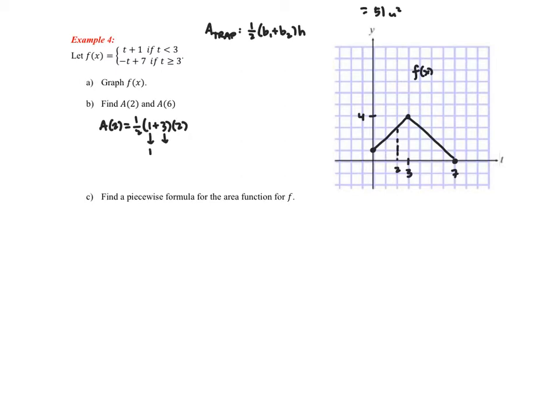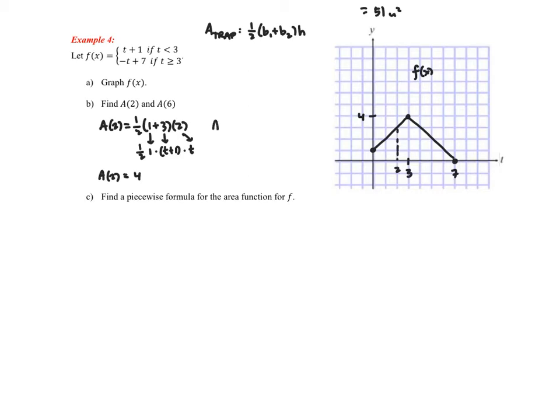The 3 is going to be the output of the function. So how did I get a 3? I took t plus 1. And the 2 is the t value. So that's going to tell you a little bit about our formula if we were to work between 0 and 3. So A of 2 is going to be 1/2 of 4 times 2, which would be 4.